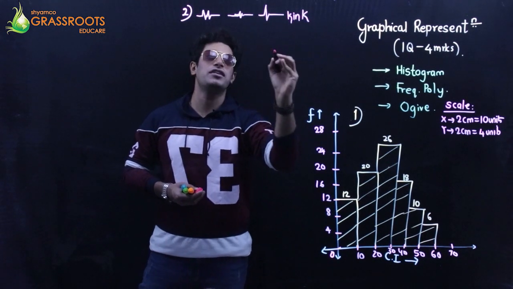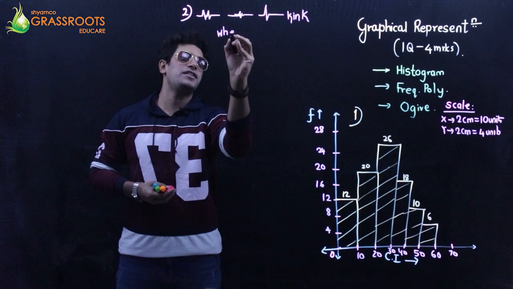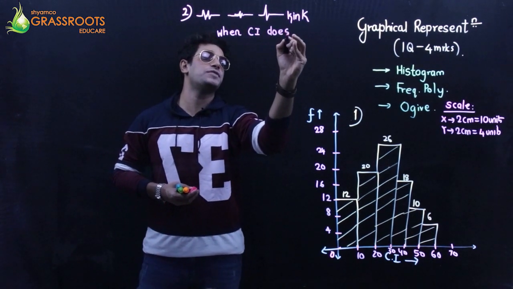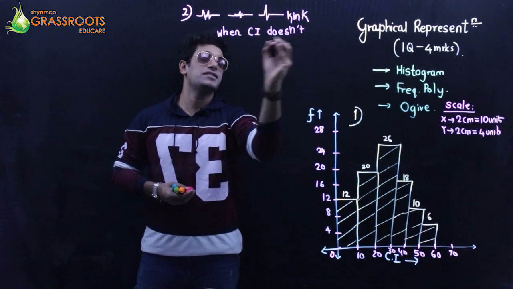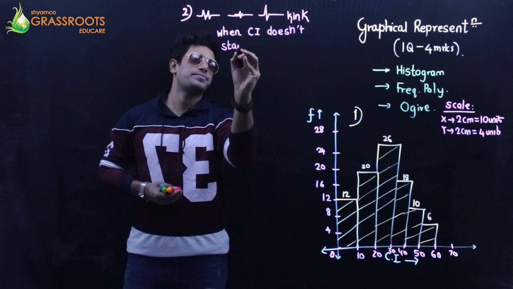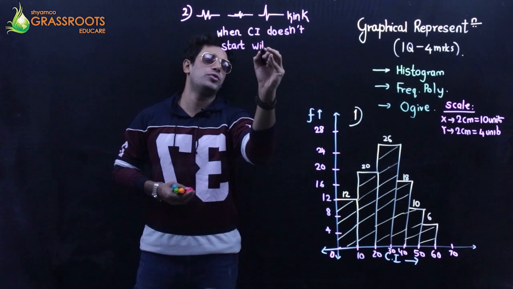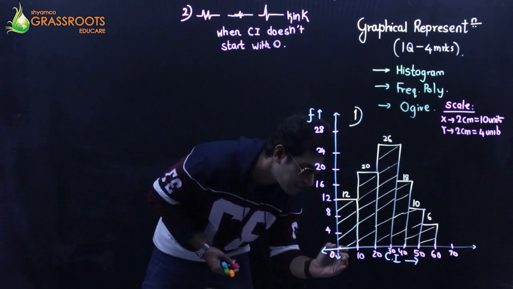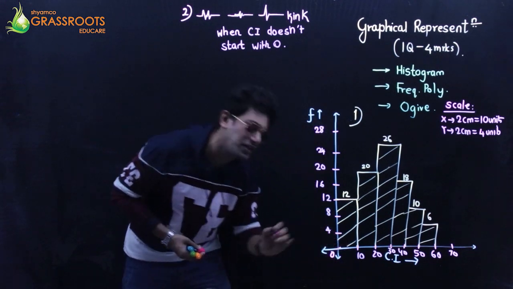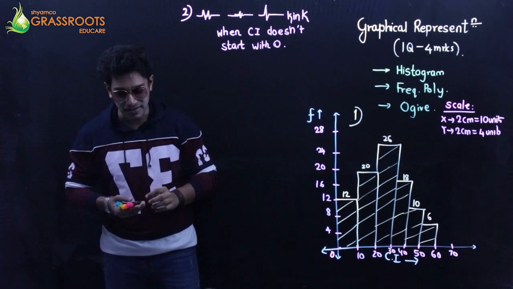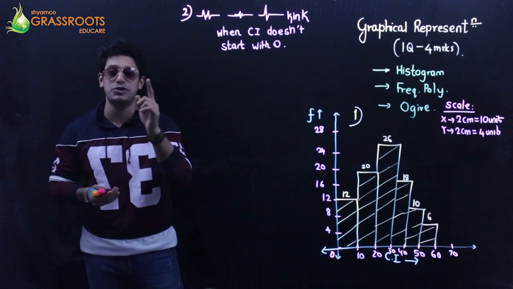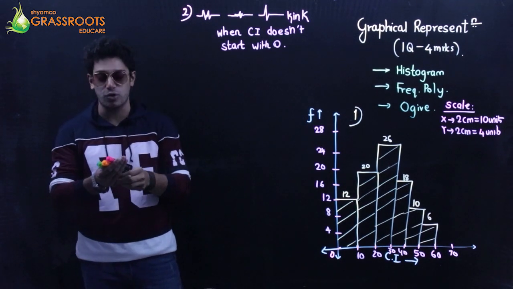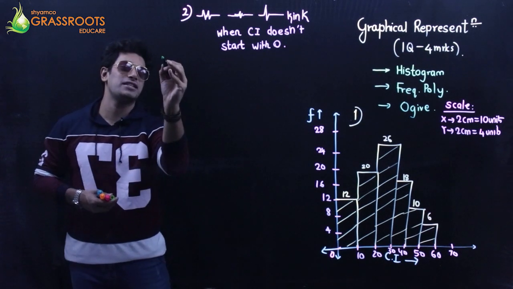When to use a kink? When the class interval doesn't start with 0. Here the class interval started from 0 to 10, no problem. The next class is from 10 to 16, then 16 to 22, and that's how it goes on. So guys, let's begin.